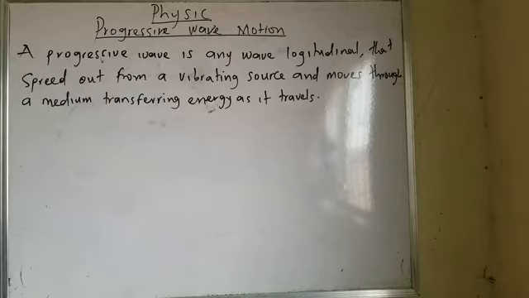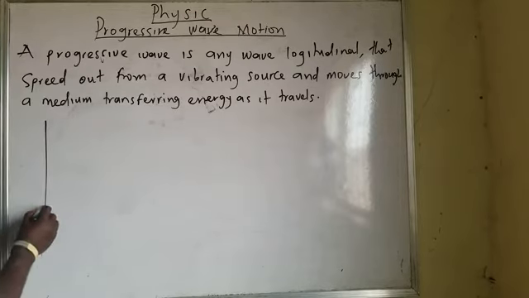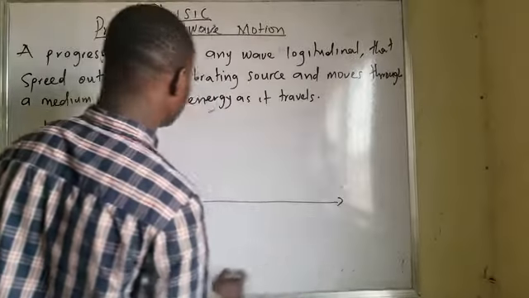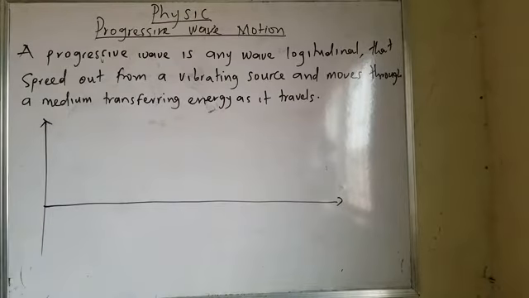Now, at this point, let me use a graph to represent what I need to explain. In the first video, I explained something like this using an illustration of a graph, but this is very important. Our wave travels in this form.